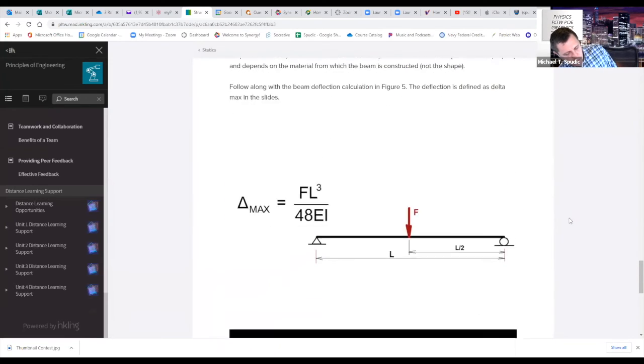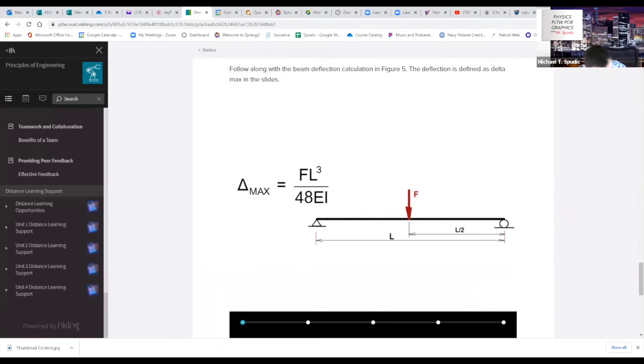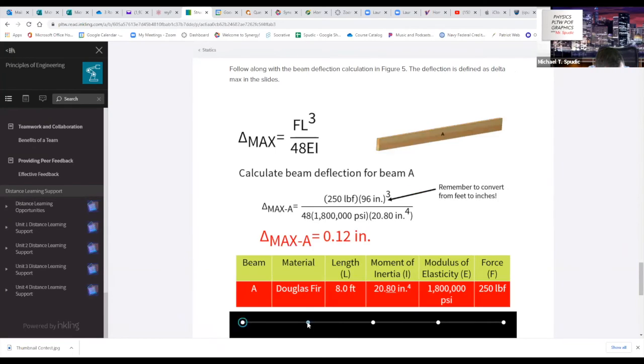So looking at this, let's go through the steps on the site. Here's the equation. This is showing the object, and the equation in here.